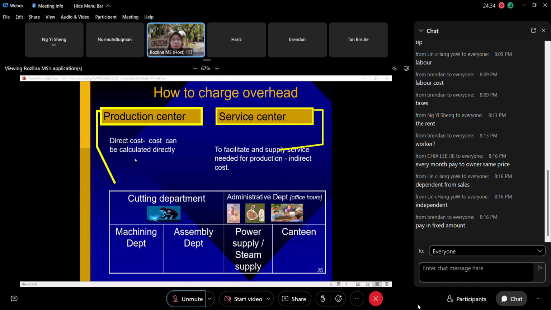What is the difference? Production center is very direct to the production, to the product. But service center cost is quite hidden. How do you calculate the cost for a product to absorb the cost from the service center? That is the issue.